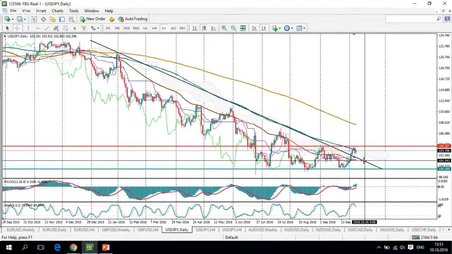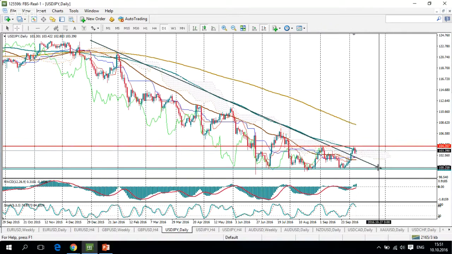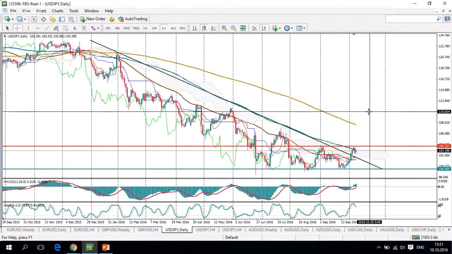But it seems that it doesn't, so this is why the upside for the pair should be limited.